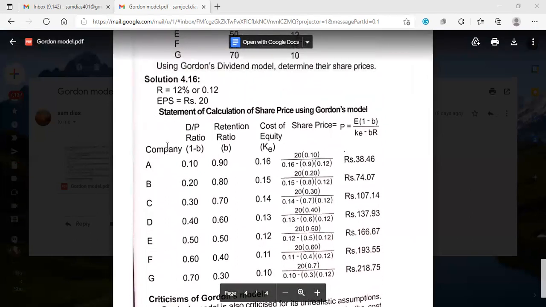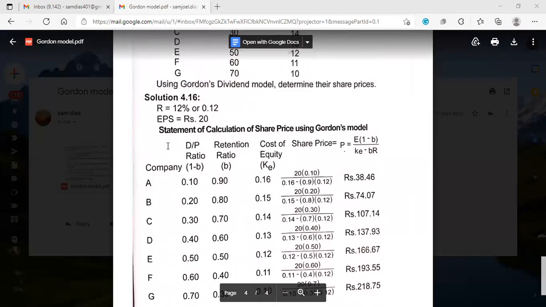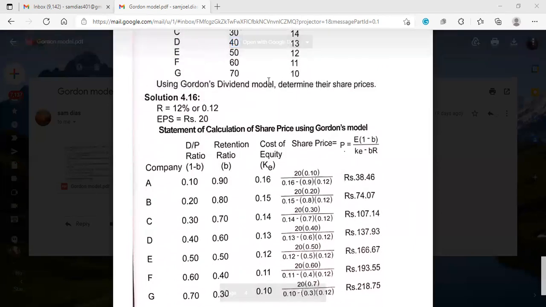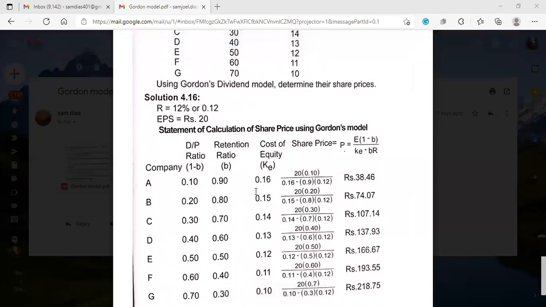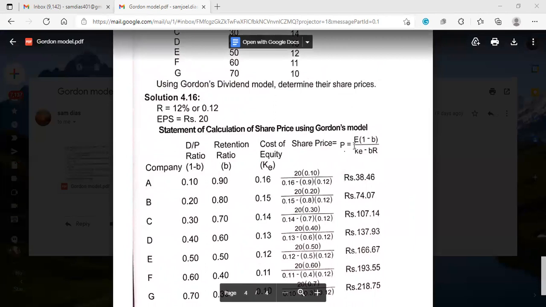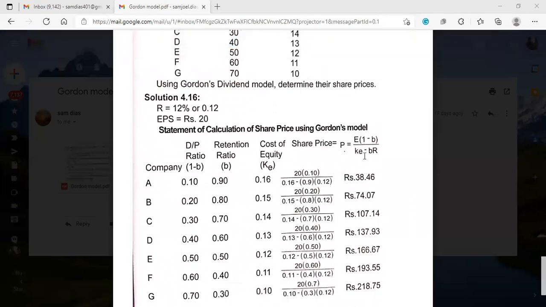For company A, dividend payout ratio, they have given 10. That means dividend retention is 90. Cost of equity is 16%, as given in the problem. So the formula: market price is equal to E into 1 minus B, divided by KE minus BR. BR is nothing but the retention ratio into the rate of return.